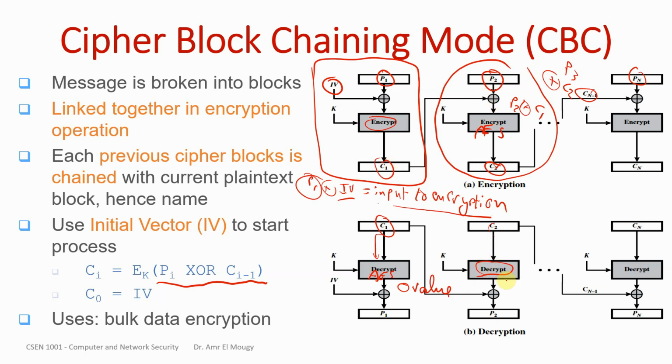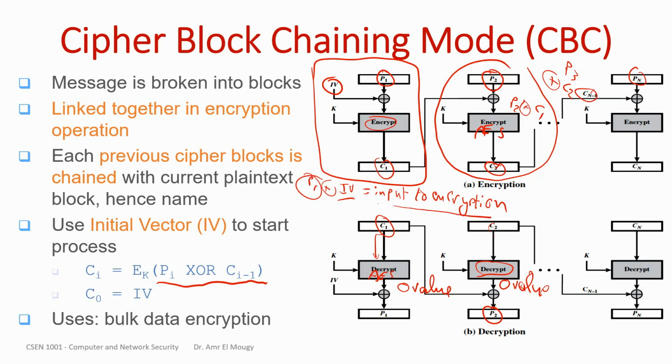So the step after the decryption algorithm would be XORing the output value with C1 again, so that you obtain P2. Okay, and you keep doing that. It's still chaining, but you are chaining after the decryption rather than before the encryption. So the decryption process is the reverse of the encryption process.